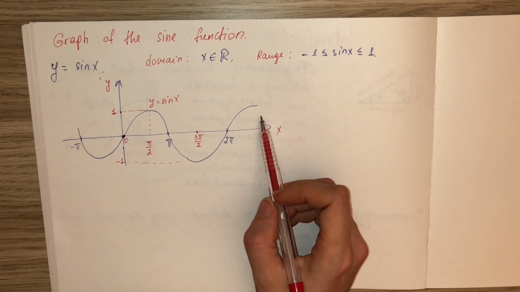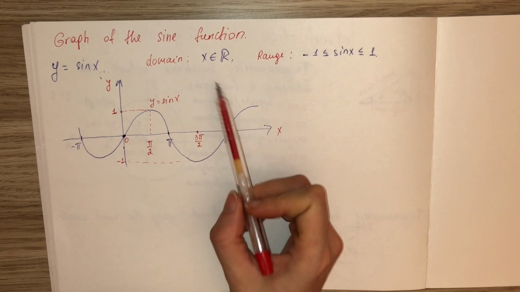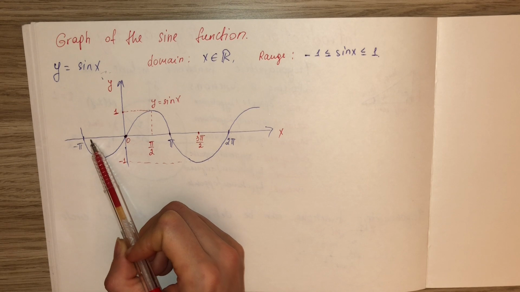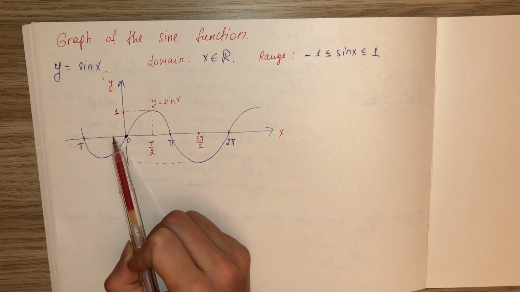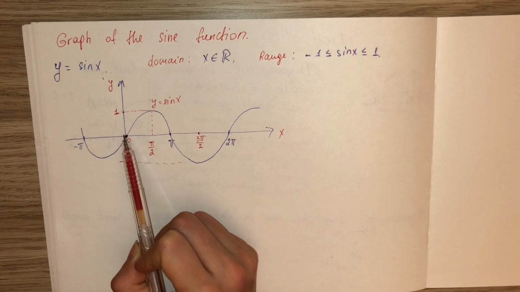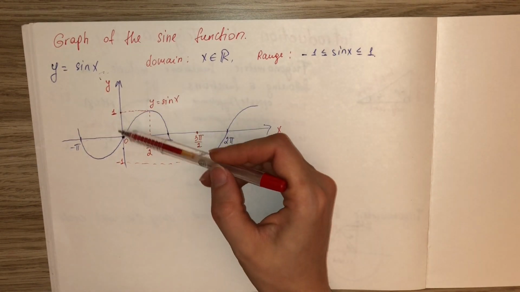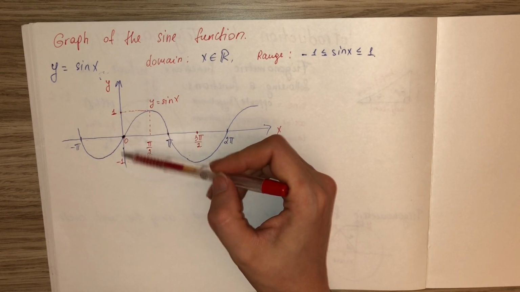The domain can be all real numbers, and the range only changes between -1 and +1, negative and positive 1.